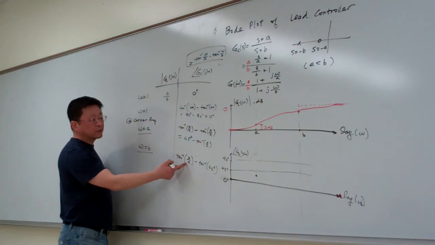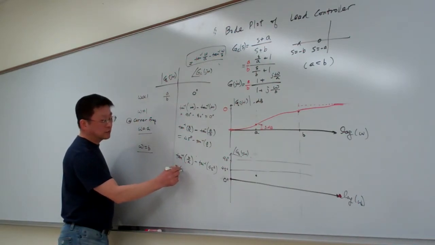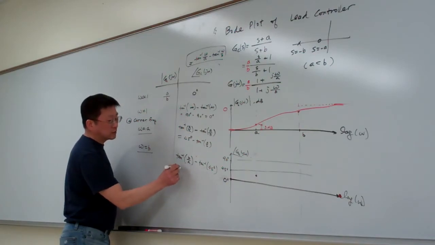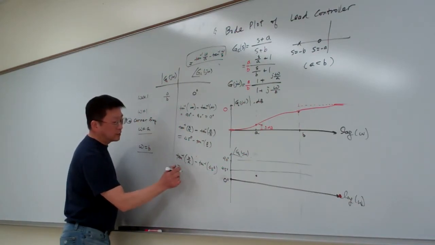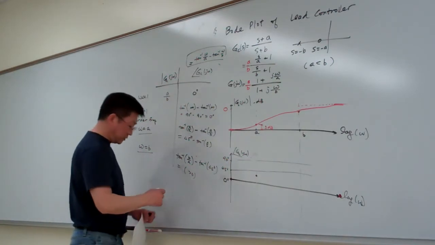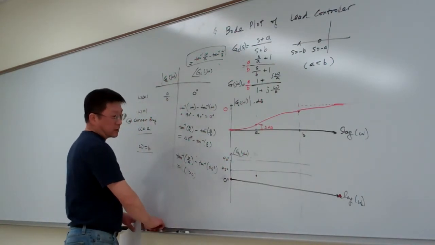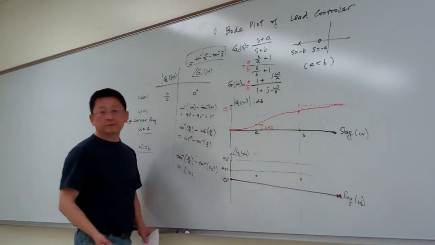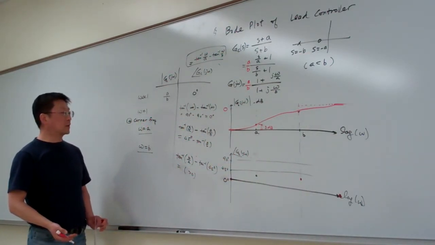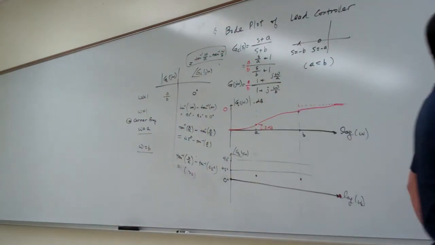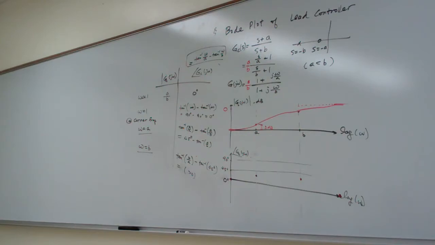So that value is larger than 45 degrees, so this will be the positive numbers here. Depending on the value, we can put something arbitrary, something there.